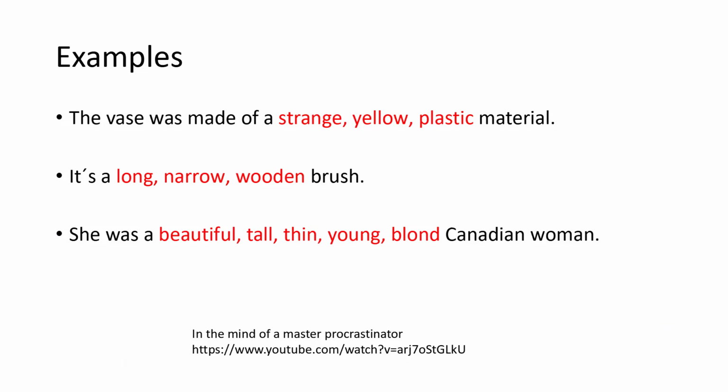Or we can say she was a beautiful, tall, thin, young, blonde Canadian woman. So all of these words that come before the noun are describing the noun, so we have to put them in a specific order. We will move on with the next part of the course in a moment.